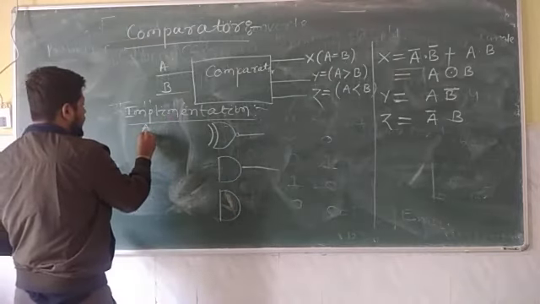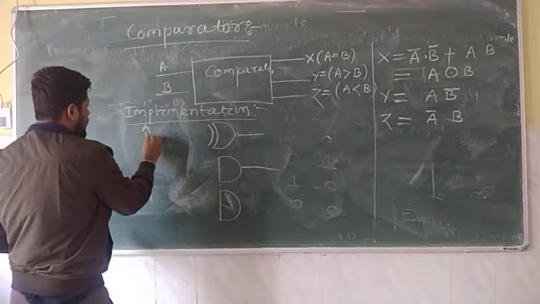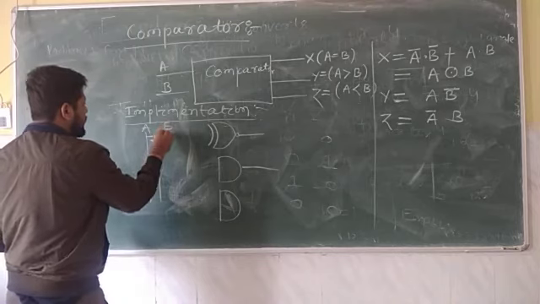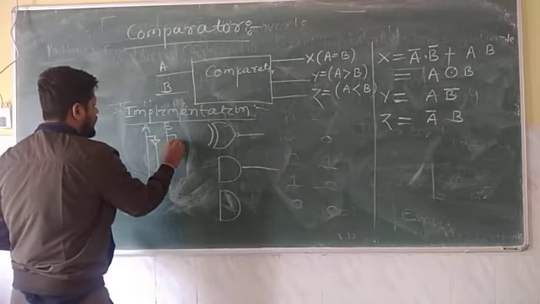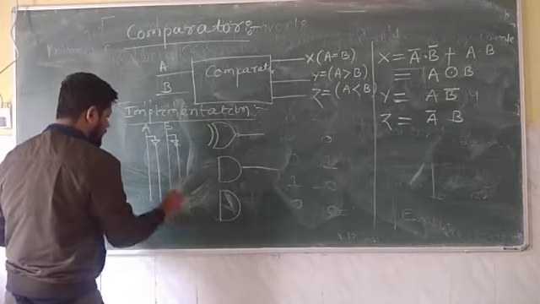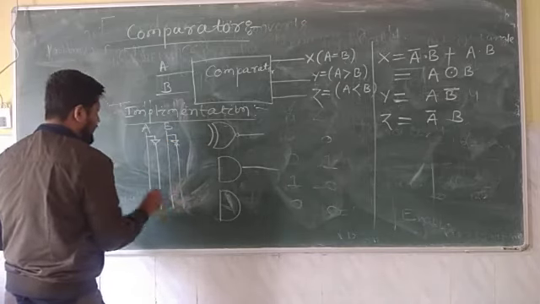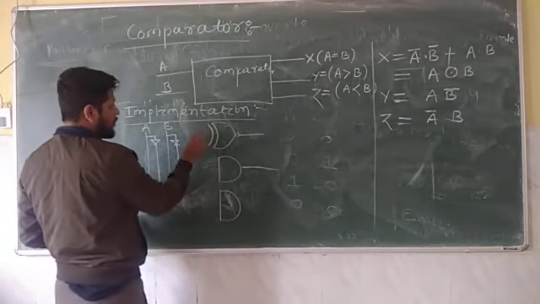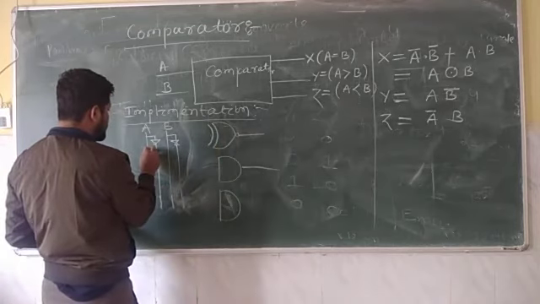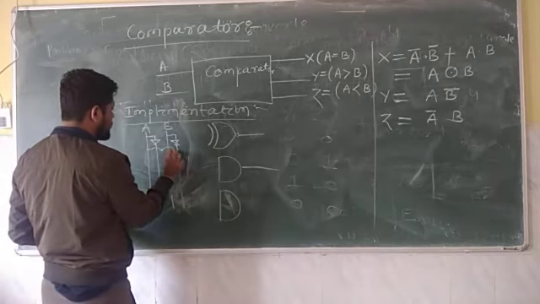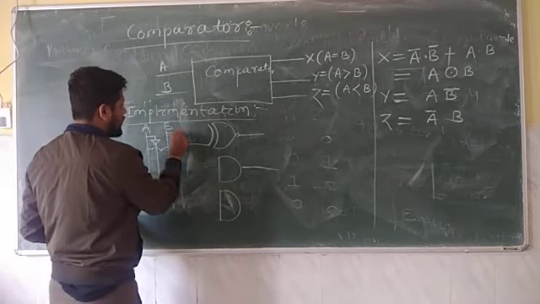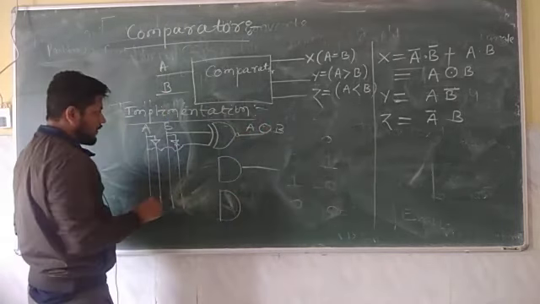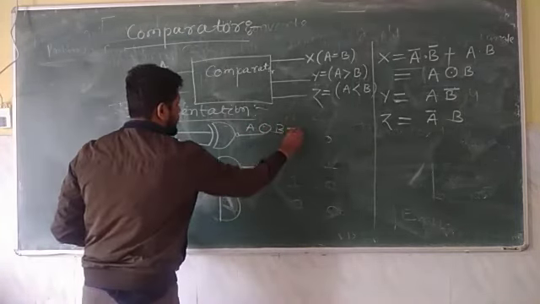Here we have A and this is A complement, B and this is B complement. So for A you have to give A and B here. This is A, this is directly I am applying A. So this is your A XNOR B. This is your X.